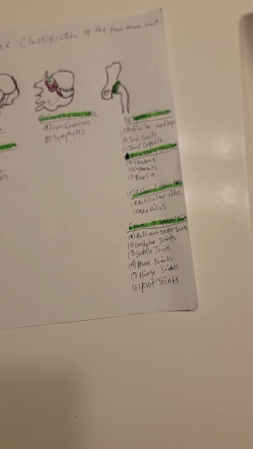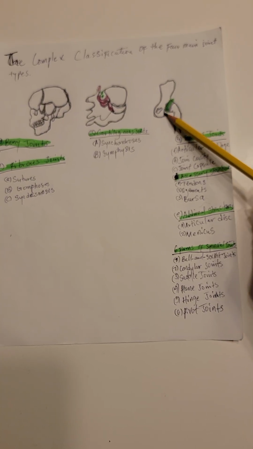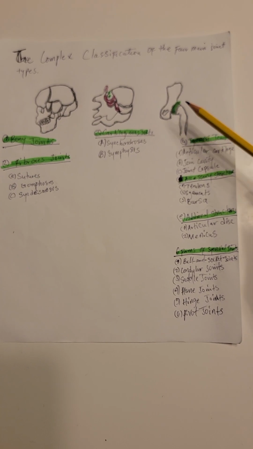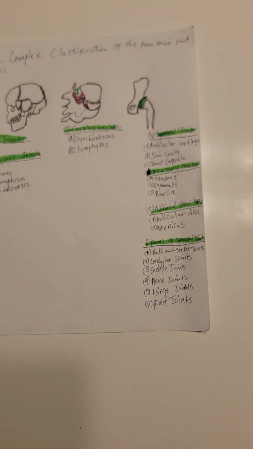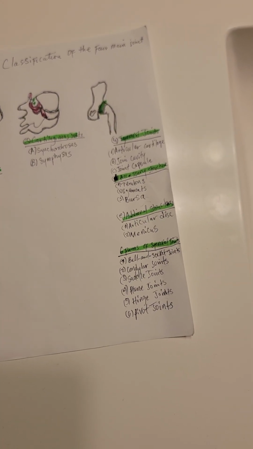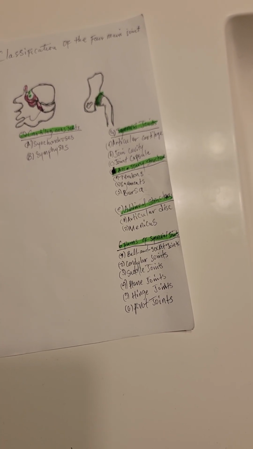Because of the fluid between them, the joint is freely movable, and that is the synovial fluid right here that connects them. Because of the fluid, these joints are freely movable, and the term used for that is called a diarthrosis.